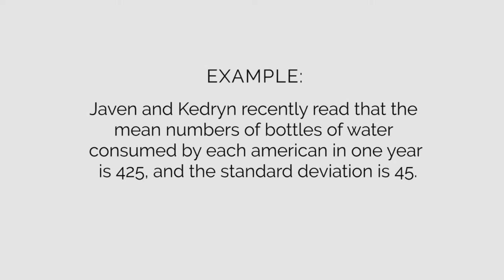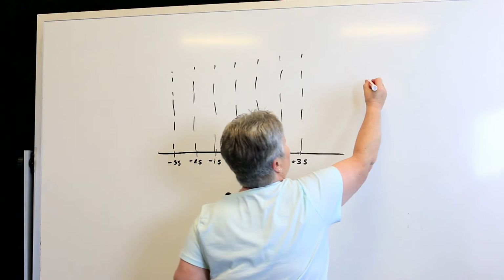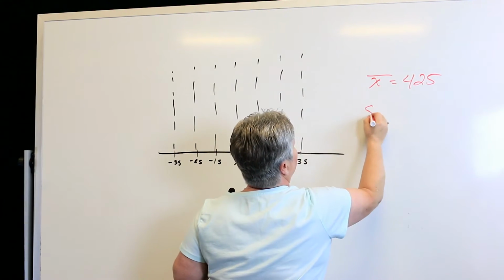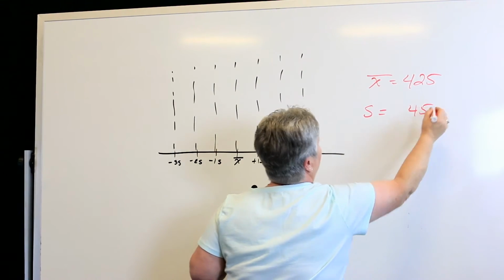So here's my example. Javen and Kedron recently read that the mean number of bottles of water consumed by each American in 1 year is 425, and the standard deviation is 45. So we just found out that the mean was 425 and the standard deviation was 45.